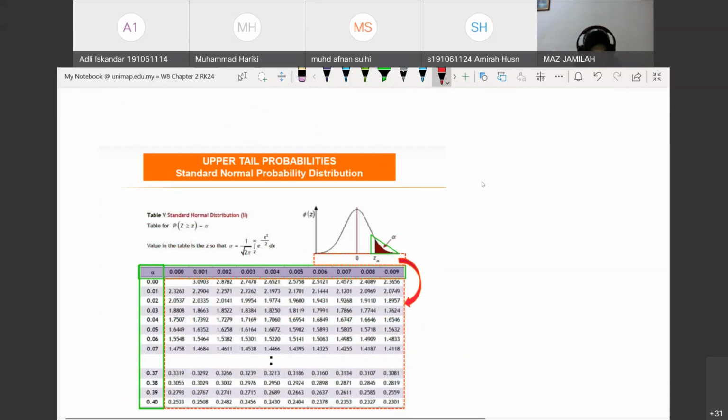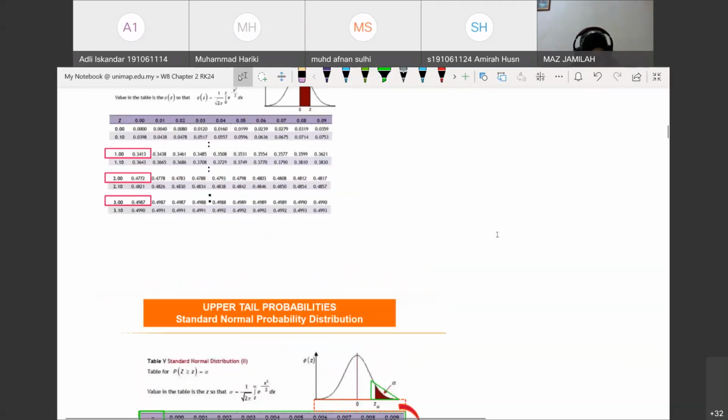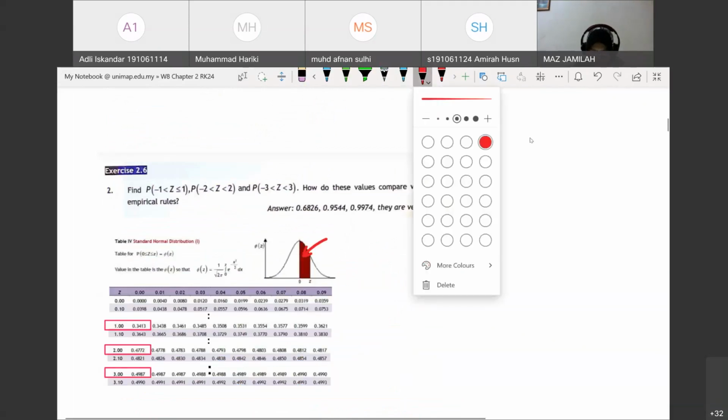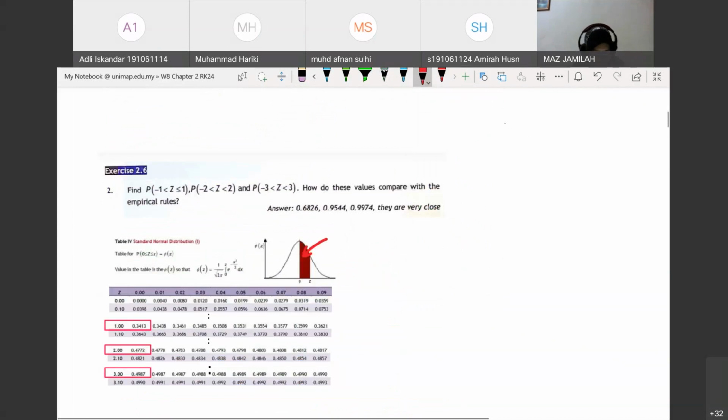Before I go to the second way on how we can find the probability values, if it involves the upper tail of the distribution, we will see the last exercise that I did not cover in our class last time. So a quick discussion.